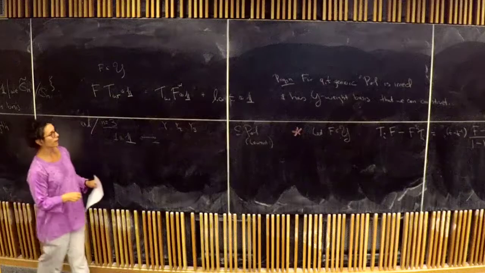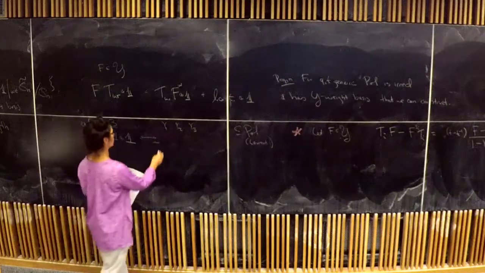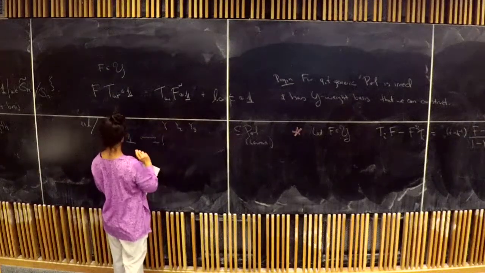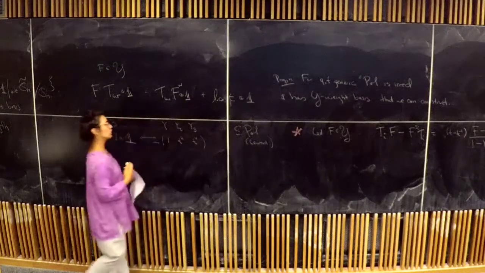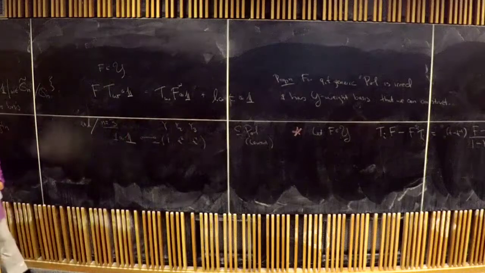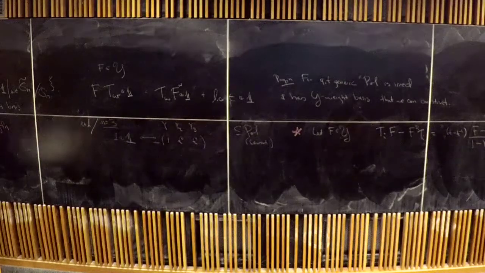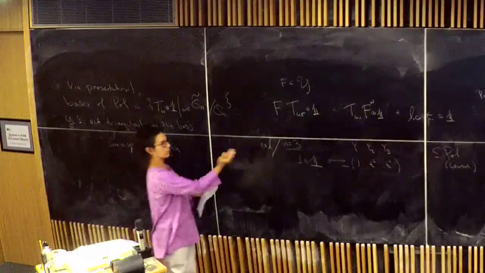I erased it, but in my trivial representation, all the big T's act as little t's. I'm showing that the y's act as these increasing powers of little t. So that's one of my weight vectors inside of there.